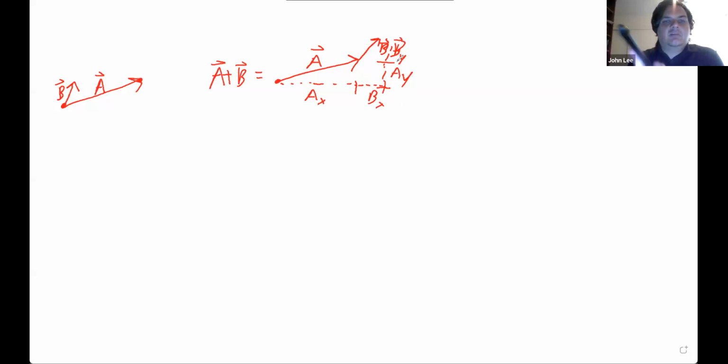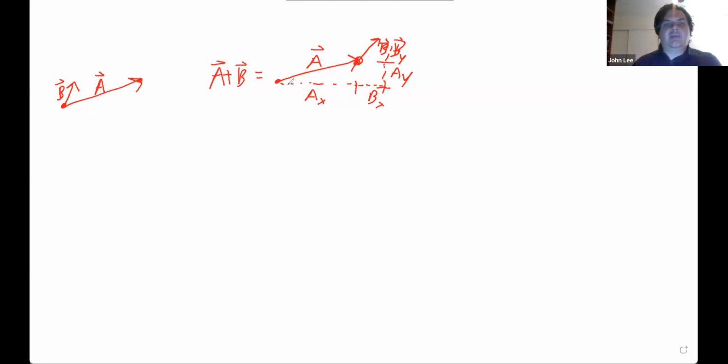When you put the tail of the B at the tip of the A, that's going to take you the same distance out in the X direction and the Y direction as if you took A plus B and did it numerically.